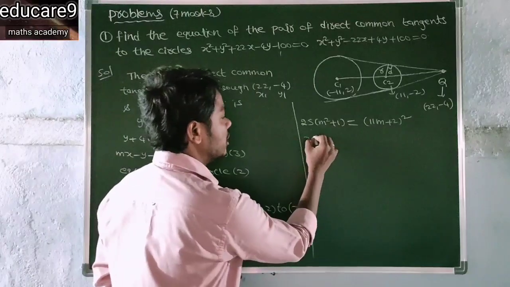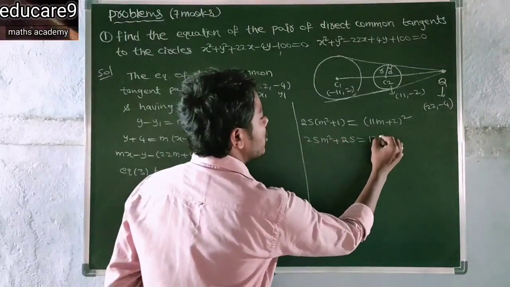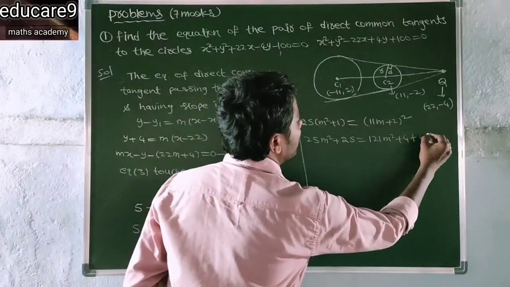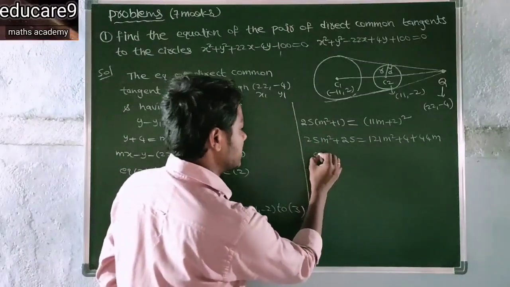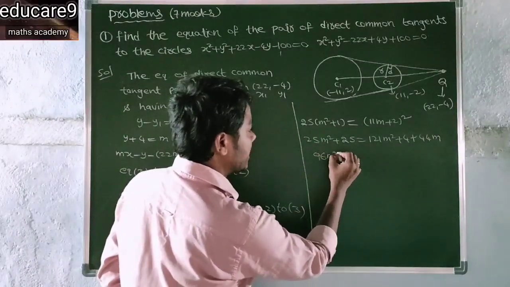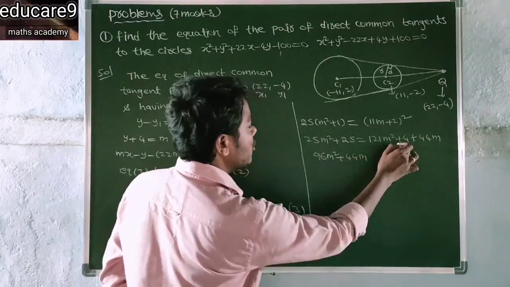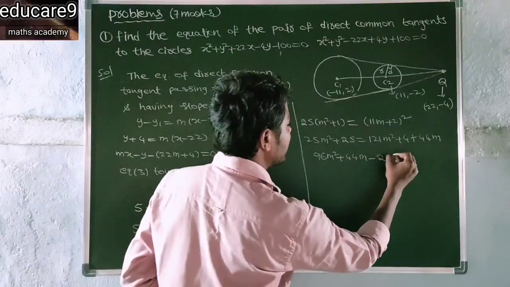Now this is 25m square plus 25 is equal to 121m square plus 4 plus 44m. See here, 121 minus 25, that is 96m square, plus 44m. 4 minus 25, that is minus 21, is equal to 0.